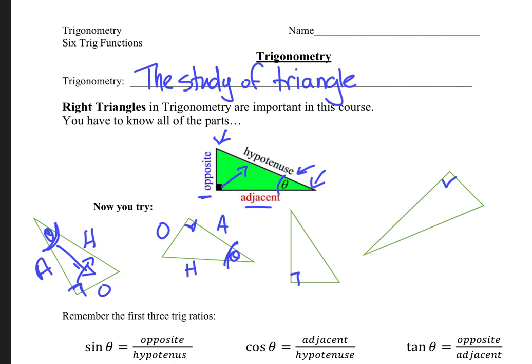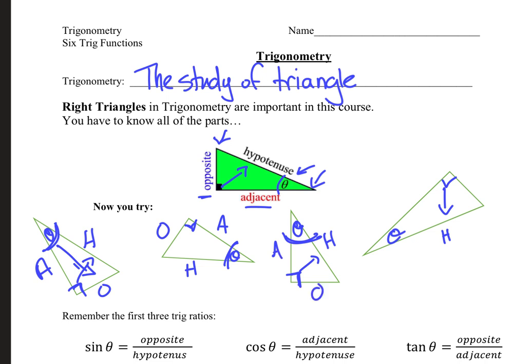Let's do two more here. Let's say this is your theta, and this is your theta. Notice that the hypotenuse will always stay the same. If this one was my theta, this would be the angle, this is the right angle, so this is our adjacent side and this is our opposite.